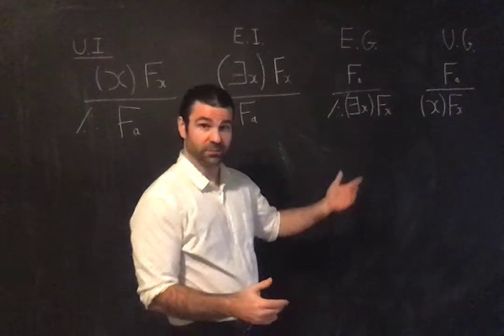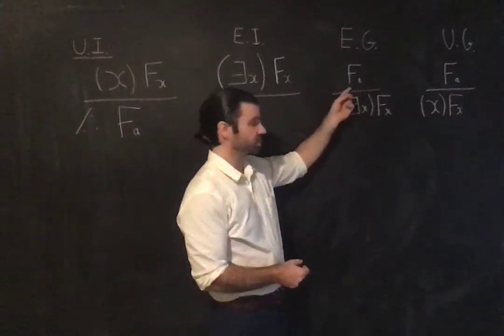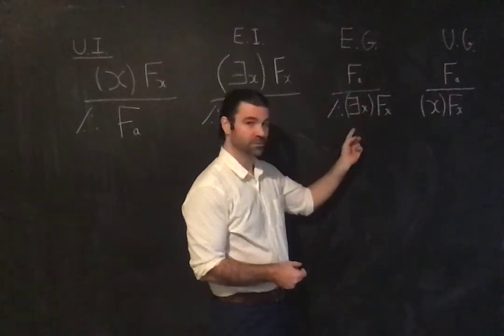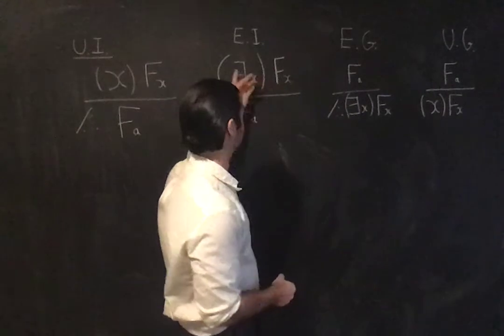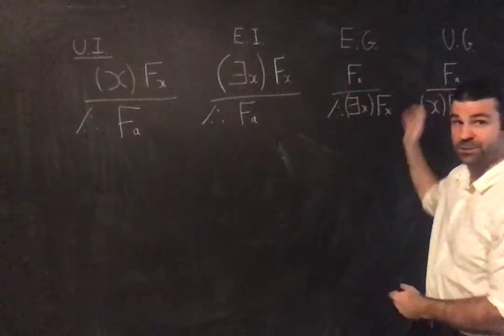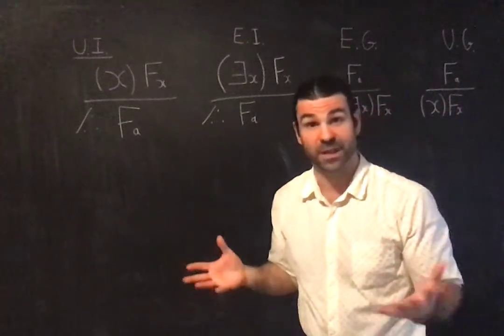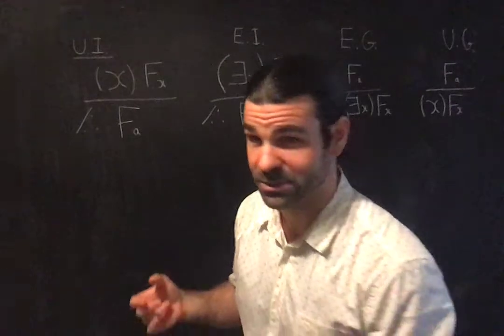Existential generalization is going from a singular statement to an existential statement. So existential instantiation is getting rid of the existential quantifier. Existential generalization is adding the existential quantifier, and something similar for universal instantiation and generalization.